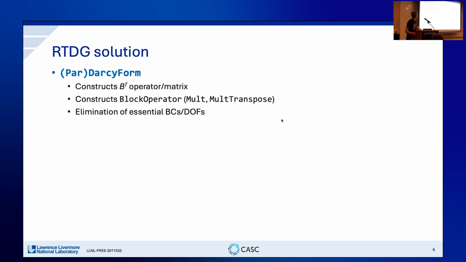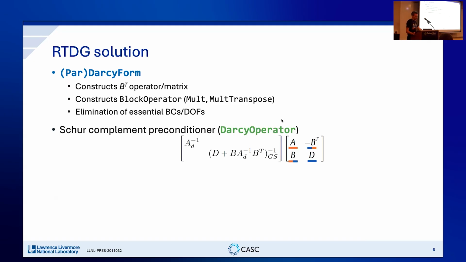So how does that look with the classes of the framework? The Darcy form, as I have mentioned, takes care of construction of the operators and the block operator, and elimination of the essential boundary conditions.